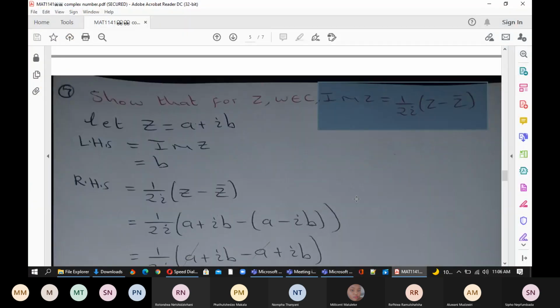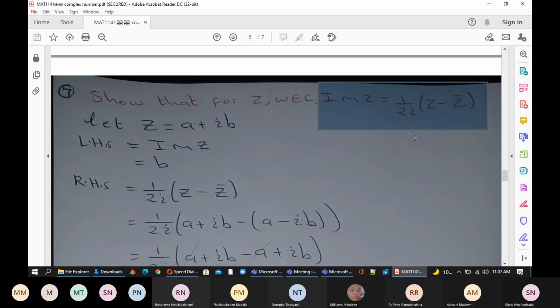So let's proceed. From this proof that they want us to prove, we know that imaginary of z is equal to what? b. Are we still together? Okay. And we know that z is equal to a plus ib. That's what we know from a complex number and from the complex definition. If we know that z is equal to a plus ib, we know the conjugate. Remember, this represents the conjugate of z.